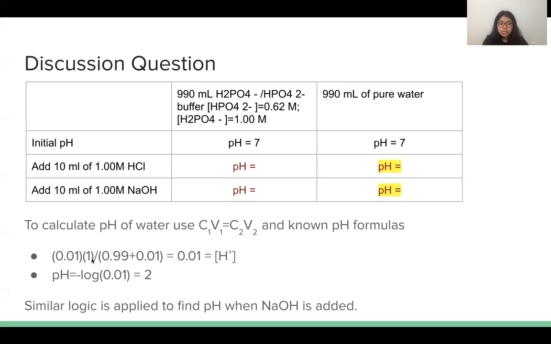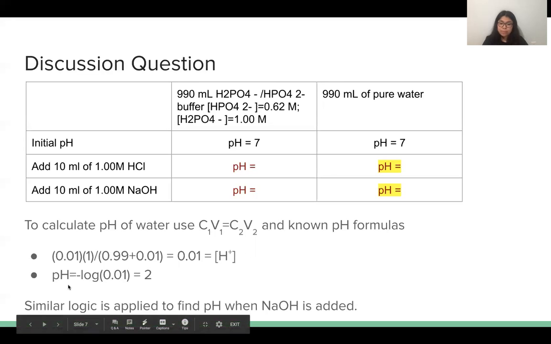That's 0.01 times 1 over 0.99 plus 0.01. Why? Because our new volume is water and the HCl, and in that case, the new volume is 1 liter. But what is our concentration of H? We're calculating for that C2, and here we get 0.01, and you can calculate your pH that way.